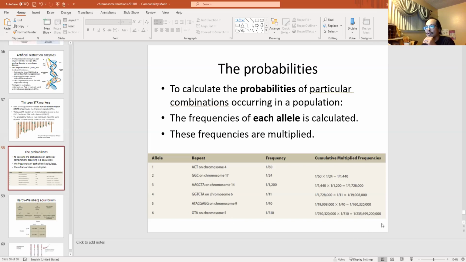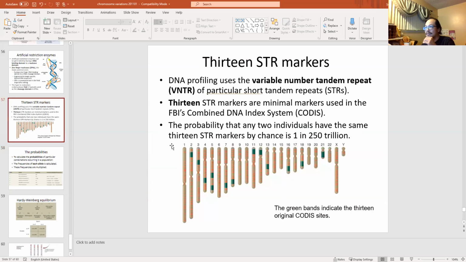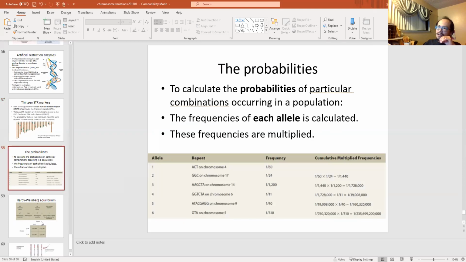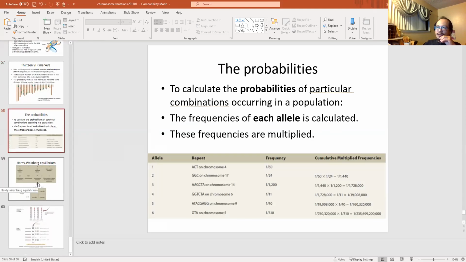So if it's 1 in 250 trillion, meaning that only if there are 250 trillion people in the world, then it's possible that 2 different people are identical. Meaning that it's very, very unlikely. So that's the frequency. And at the end of these 2 slides, I want to show you how people quantify this frequency.